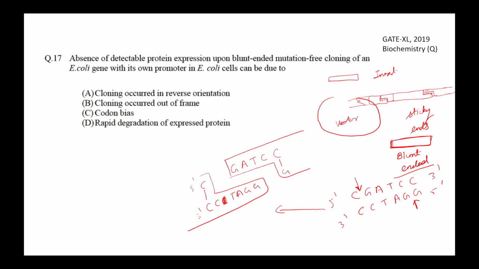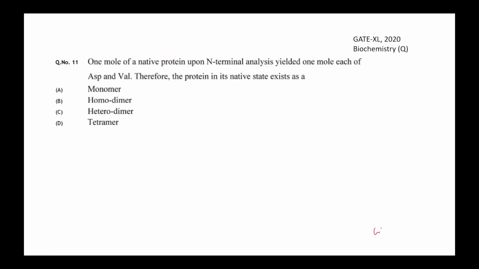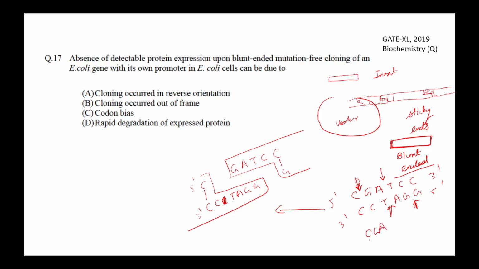But in blunt ended cloning, if I give you an example of a blunt end enzyme, the sequence is given like this and it is not cut like this but cut in the middle somewhere, and it generates a sequence like this.